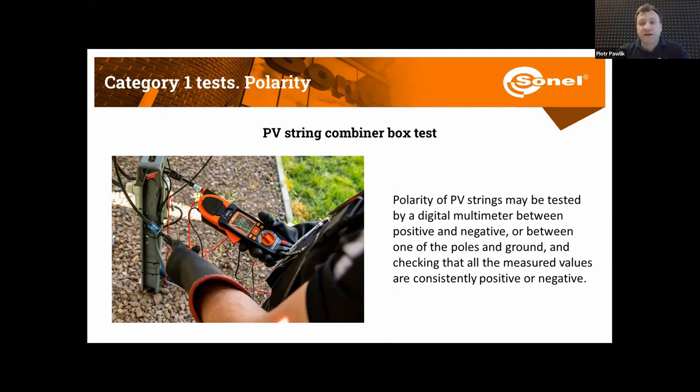In case the polarity is reversed, we're going to see negative 1000 volts or negative 1500 volts. However, the standard says that the minus sign is a very small sign and it can be overlooked by the technicians who are testing, especially if you do many tests. You can just miss the minus sign before the number.